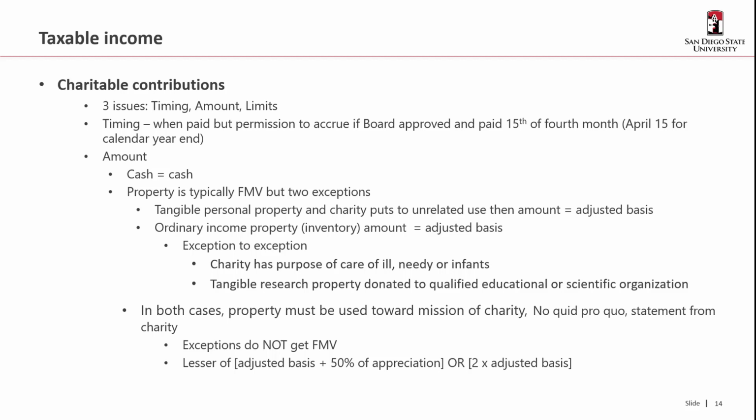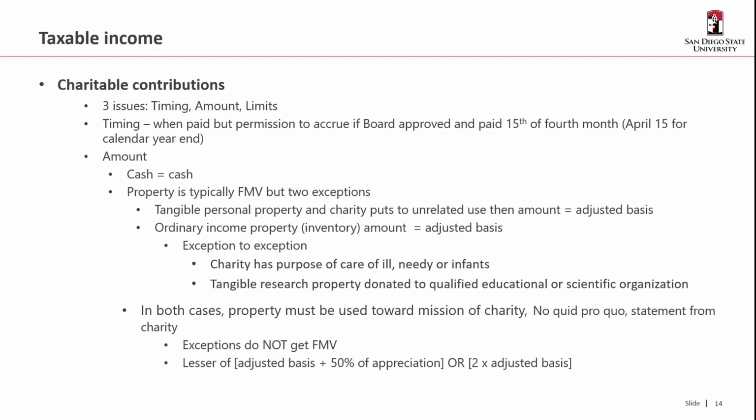So a corporation owns a copier, and it decides that rather than try to sell that copier, it's going to just donate it to a charity. That's tangible personal property. If the charity's going to then use that copier to make copies, which presumably is related to its charitable operations, then in fact it will take the fair market value. If, on the other hand, it's simply going to sell that copier, then it takes the adjusted basis as the charitable contribution amount, or the corporation does.